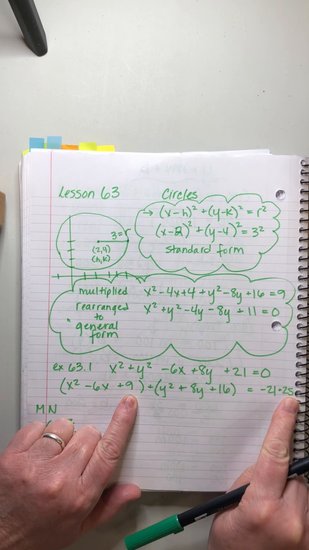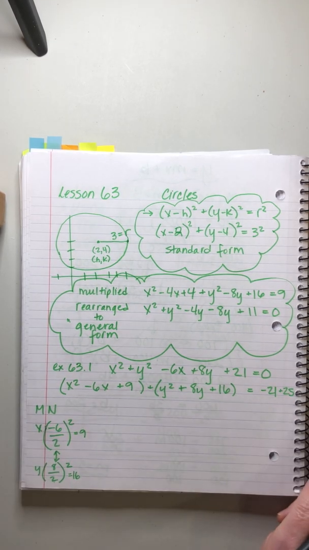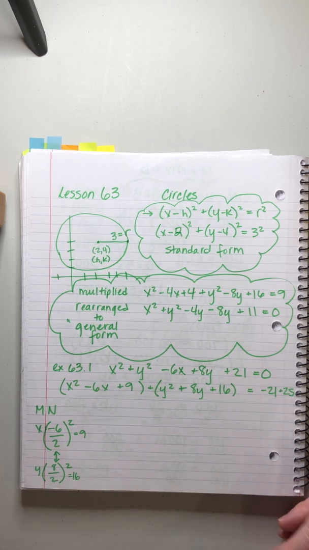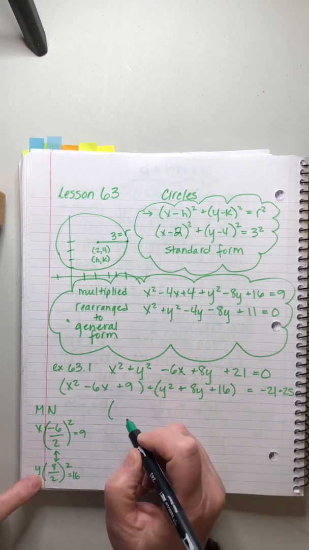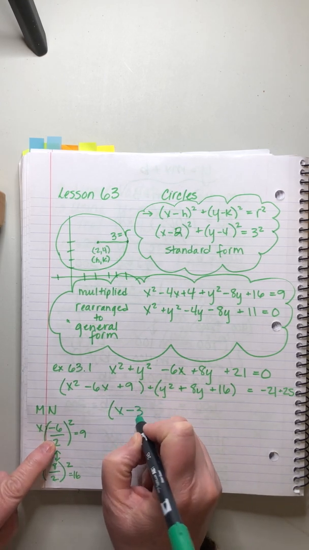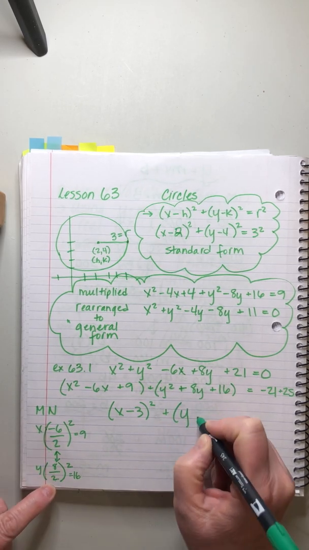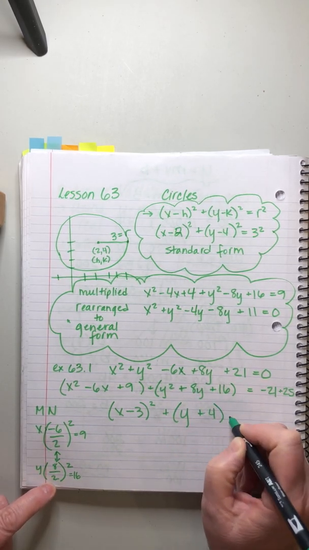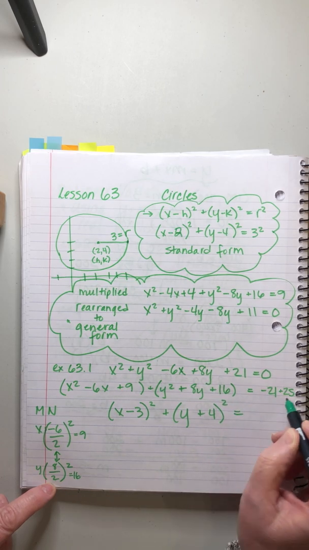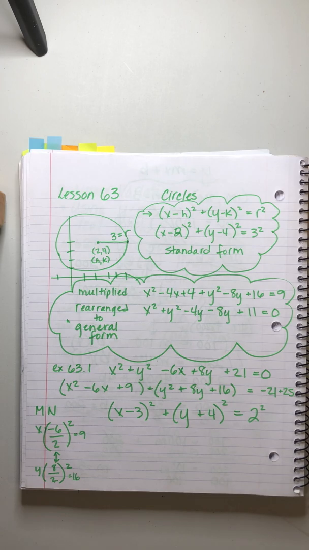So I'll add both magic numbers to this other side together. All right, now I can use the numbers inside the parentheses to help me write the binomials. It will be (x minus 3) quantity squared plus (y plus 4) quantity squared equals, this becomes 4, so I can call that 2 squared.